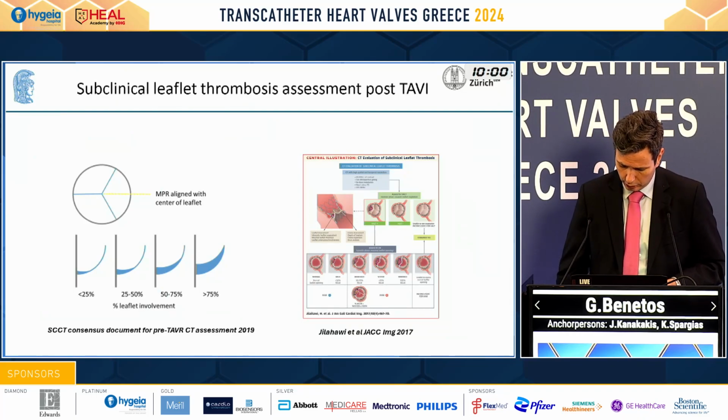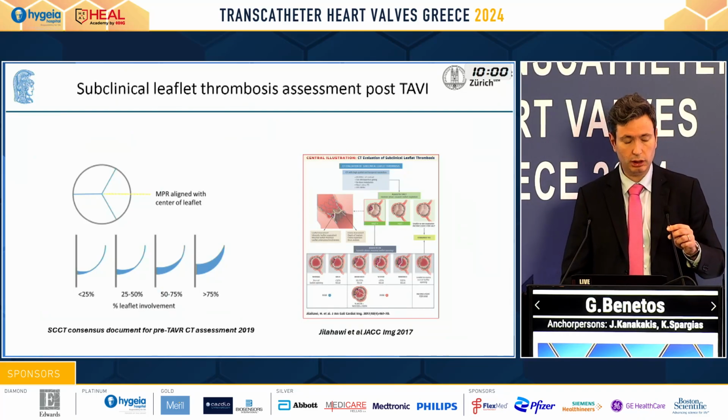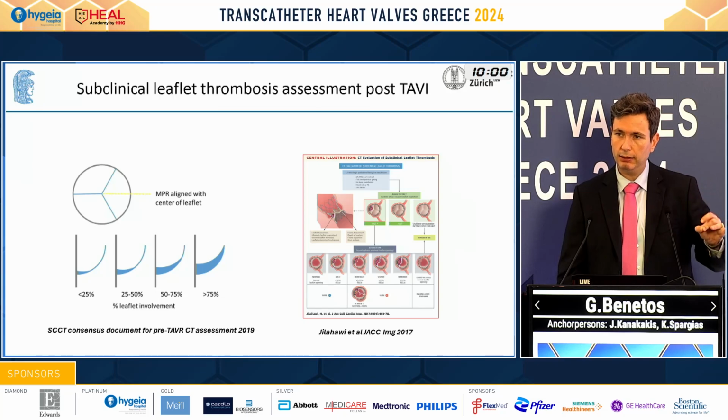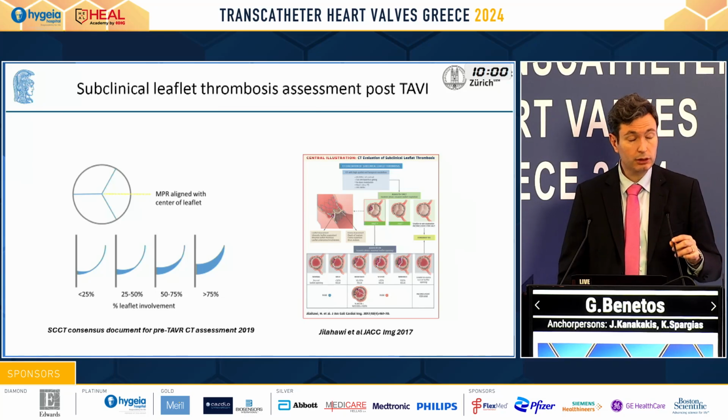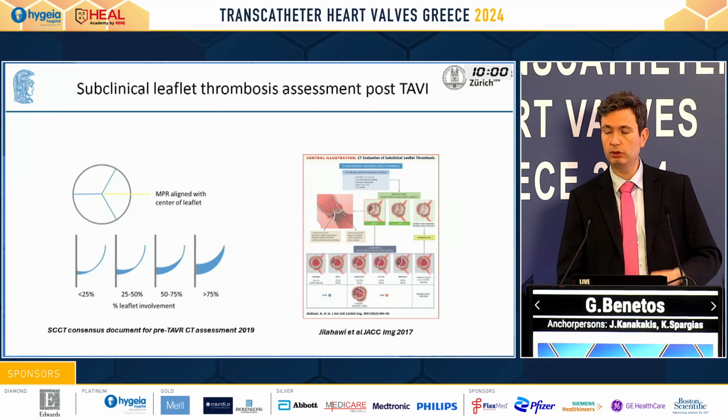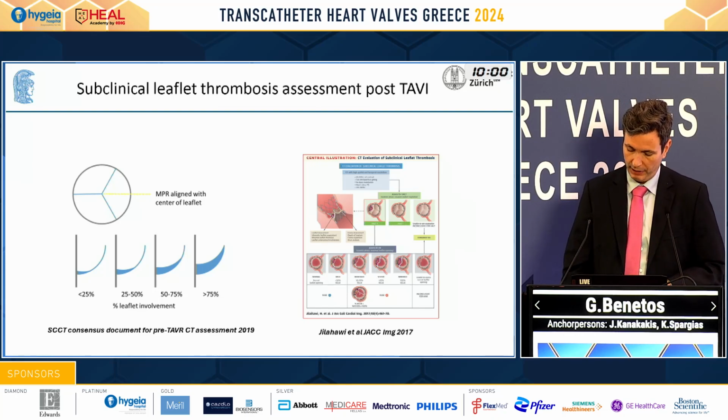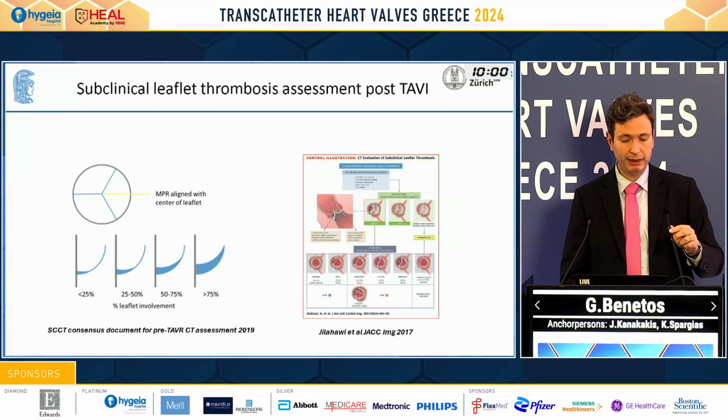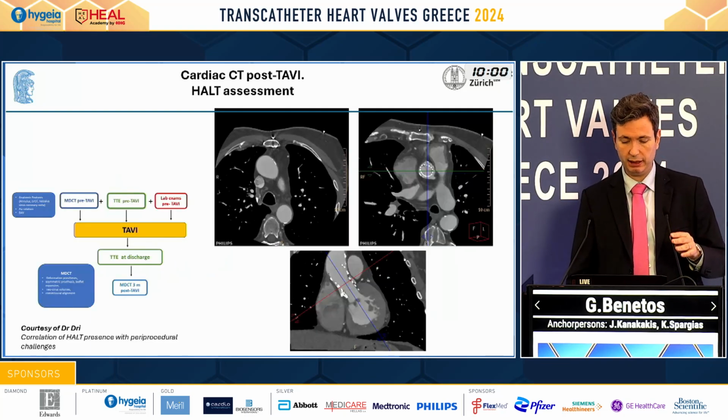And closing to the end of my talk, CT is very important also for recognition of post-TAVI complications, and one of these is subclinical leaflet thrombosis, which is called HALT, hypoattenuated leaflet thickening.